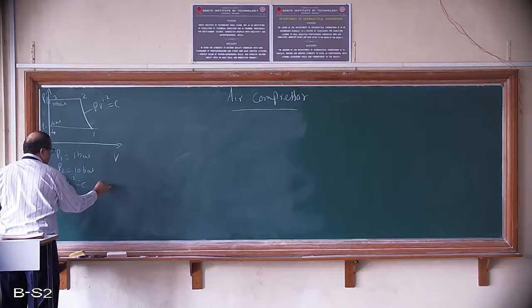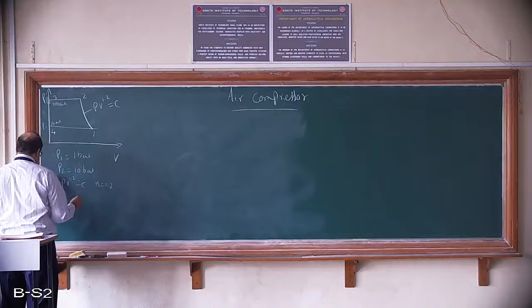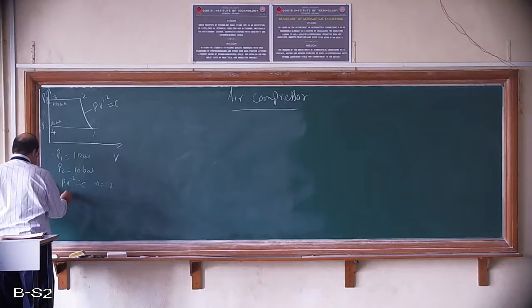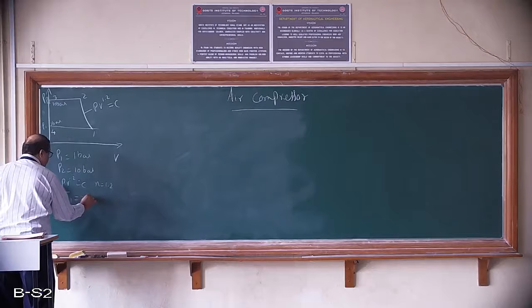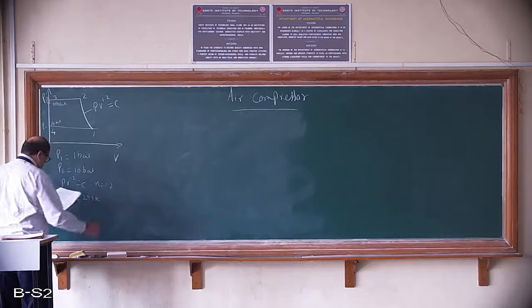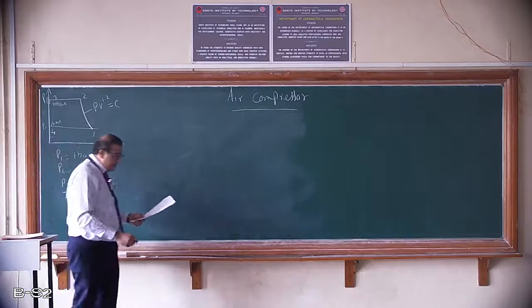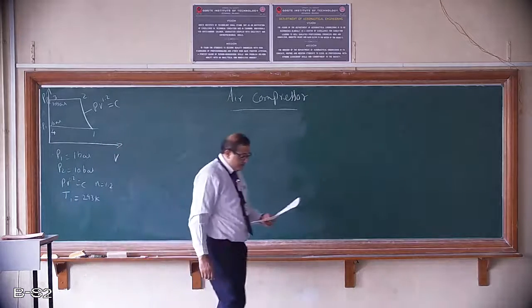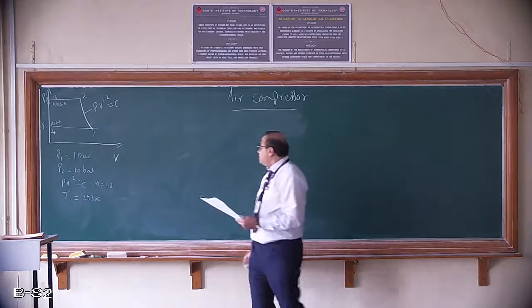So, n is equal to 1.2. Then, what is given? Temperature T1 is 293 Kelvin. So, we need to solve the problem to calculate temperature at the end of compression. So, first we'll do that.